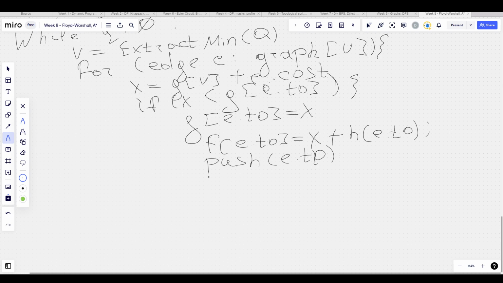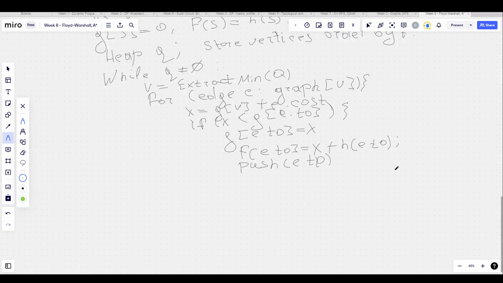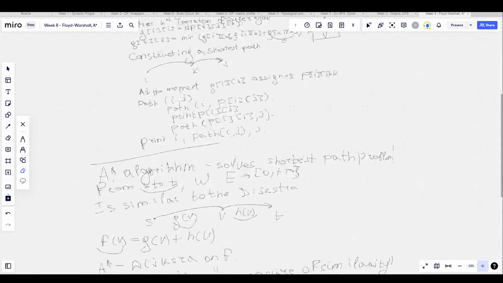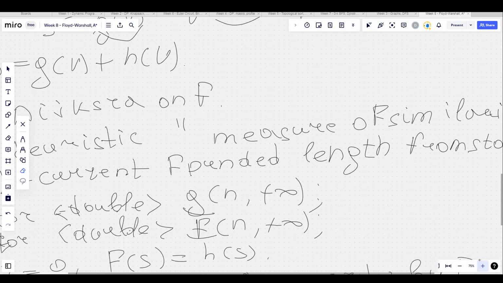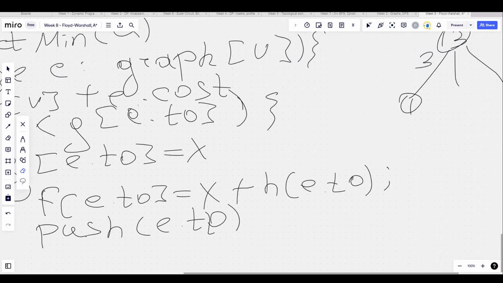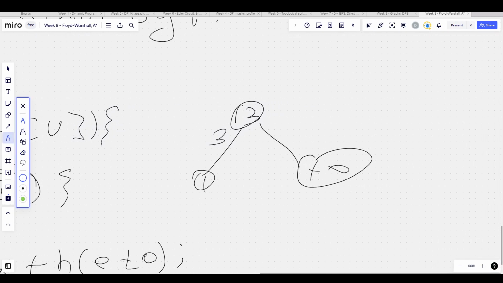We push e2, but consider this case. In our queue, we contain 1 and 3 vertices.